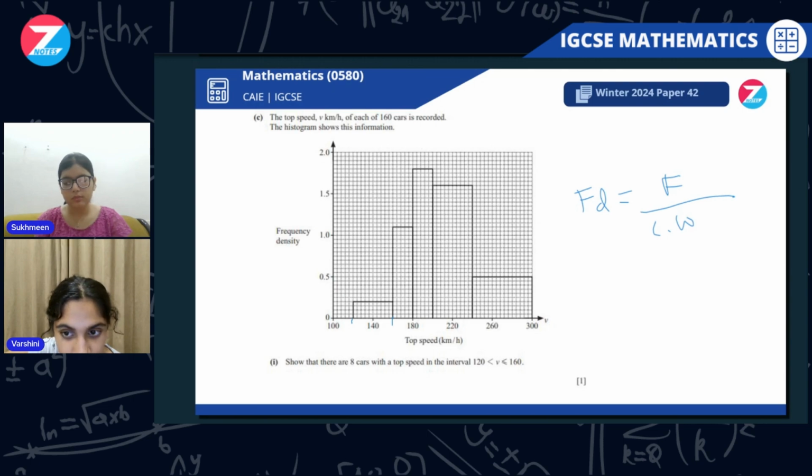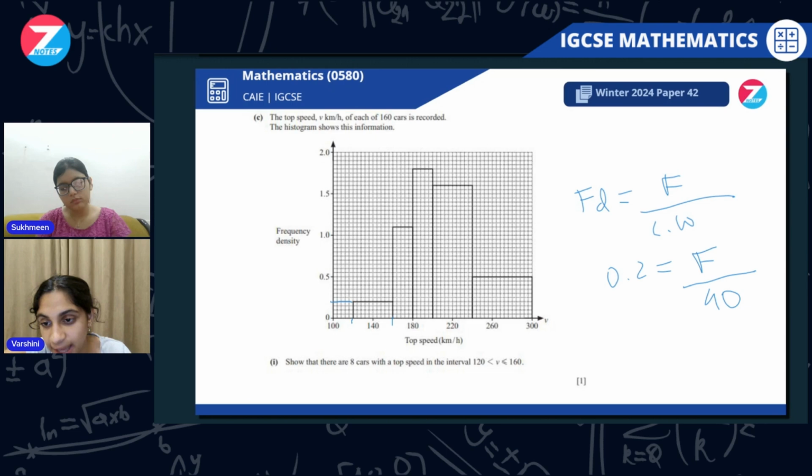So to find the frequency, all we need to do is substitute in these values. We take the frequency density over here. We know that 0.5 is 10 boxes, so each box is 0.05: 0.05, 0.1, 0.15, and 0.2. So that's going to be 0.2 equals F divided by 40.